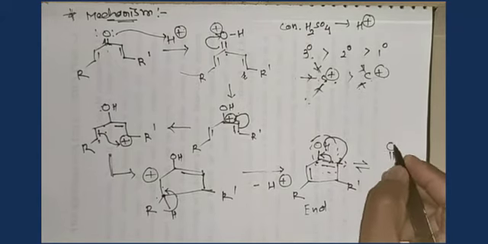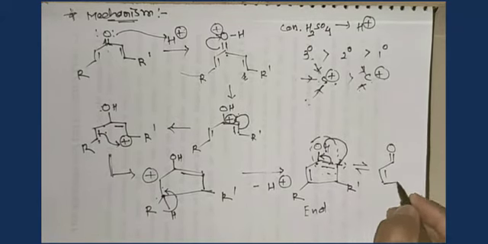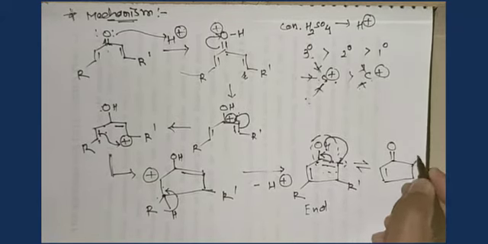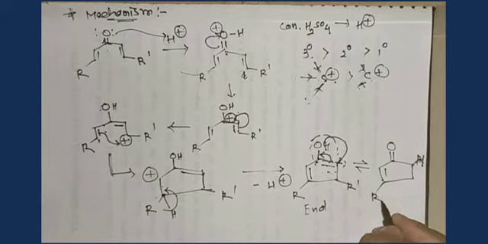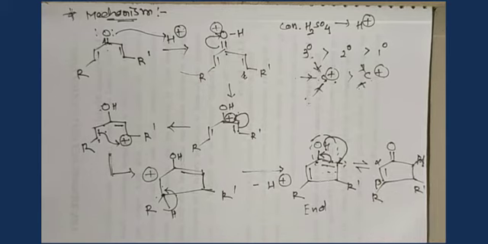So here double bond O, this positive charge as it is, here hydrogen is there which is transferred from oxygen, one R is here and R dash is also here. So we can say that an alpha beta unsaturated carbonyl compound is formed.